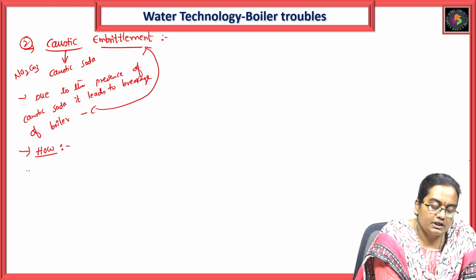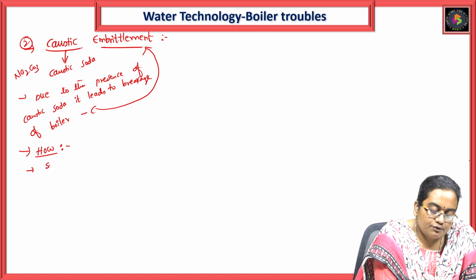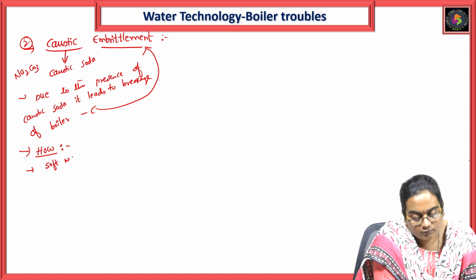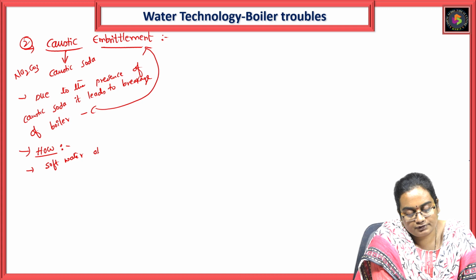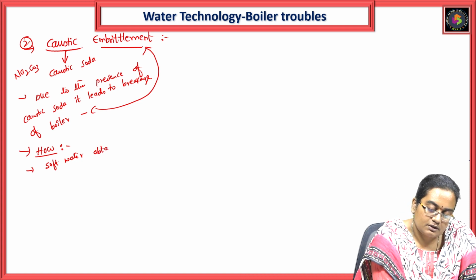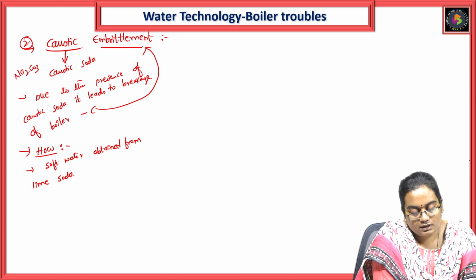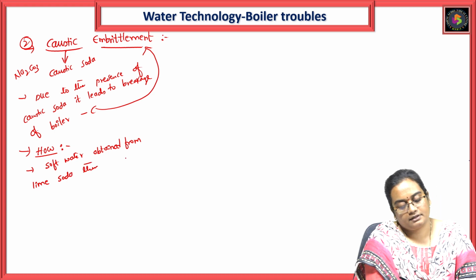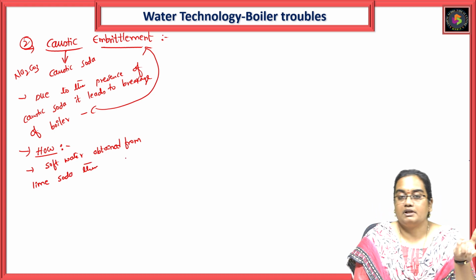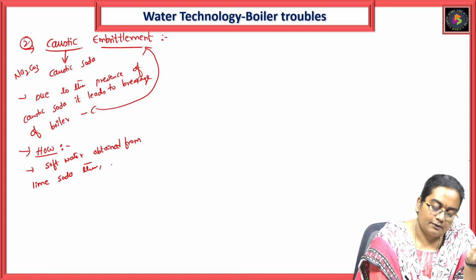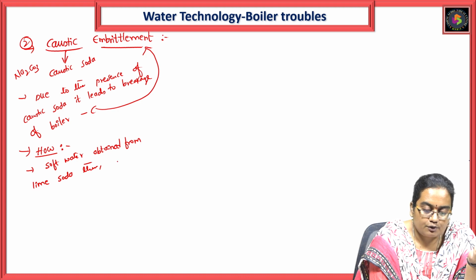Suppose we take the soft water obtained from lime soda, then what is happening here? When soft water is obtained from the lime soda method, then the water consists of sodium hydroxide.